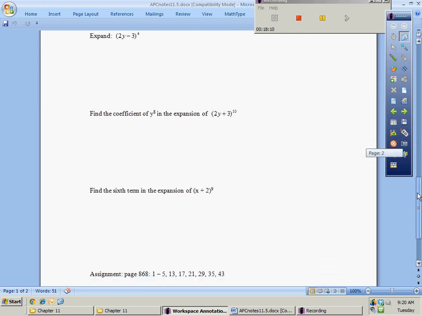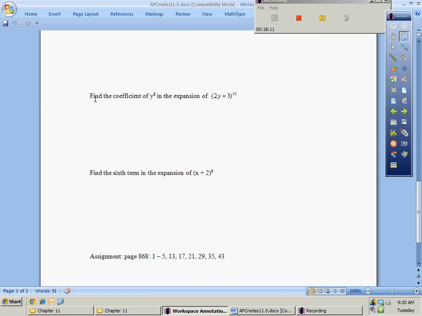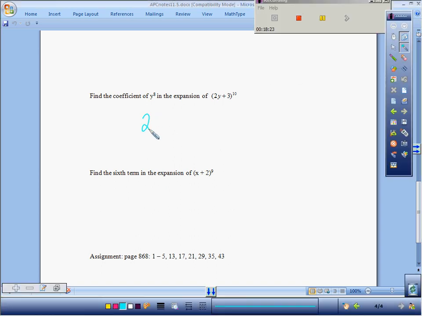Find the coefficient of y to the 8th in the expansion of (2y + 3) to the 10th. So this one would start like 2y raised to the what power? 10, right?